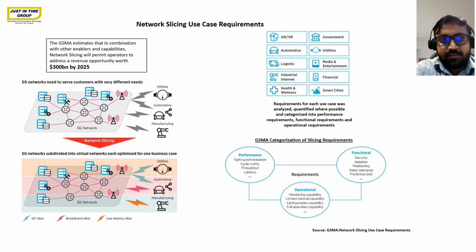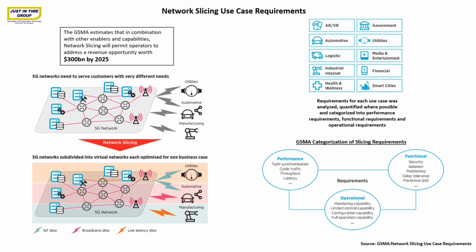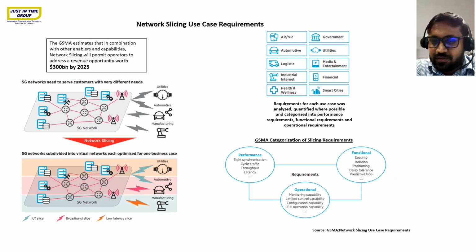The reason why I wanted to do a separate webinar on network slicing itself is because network slicing is the main revenue driver of 5G telecom deployments, because it's similar to what we used to see in 3G. Third generation was released back in the early 2000s, but until 2007 we did not have a very strong business case, some sort of revenue driver for telcos to invest in.